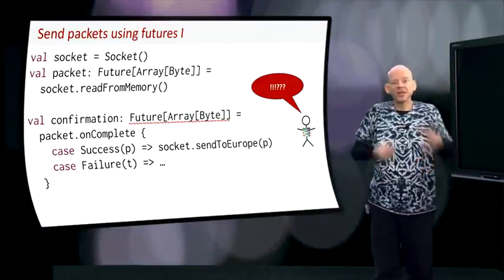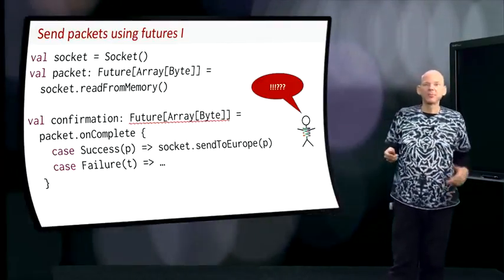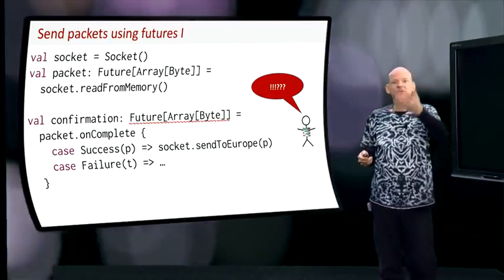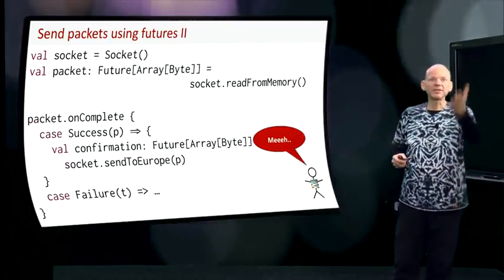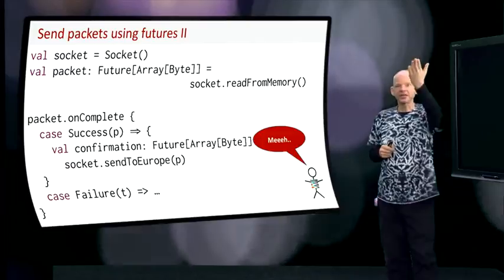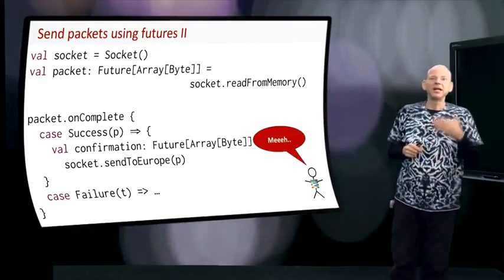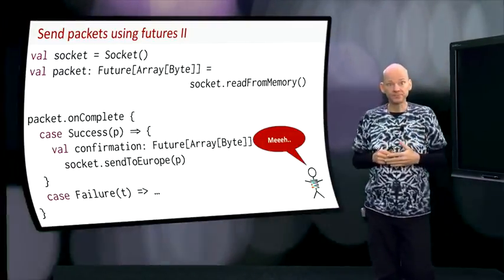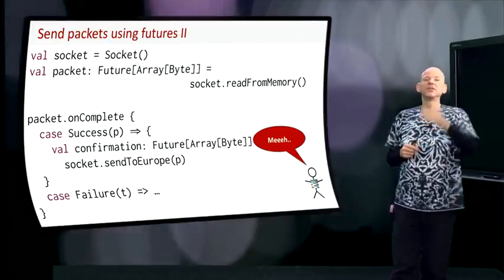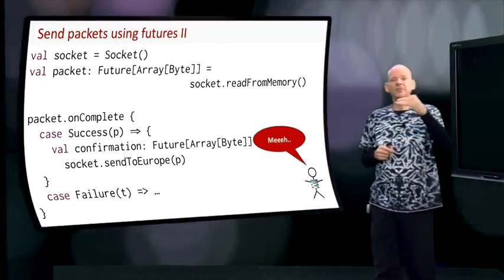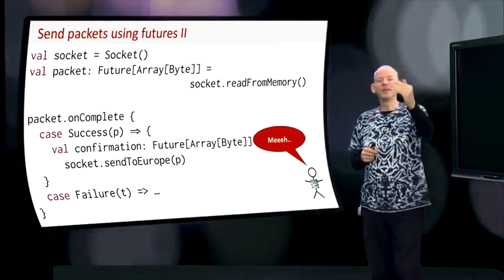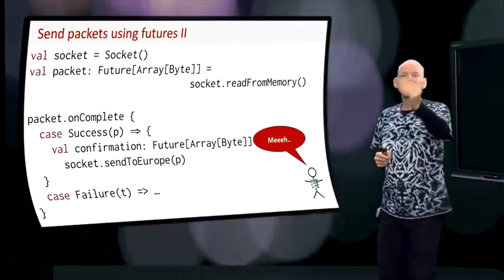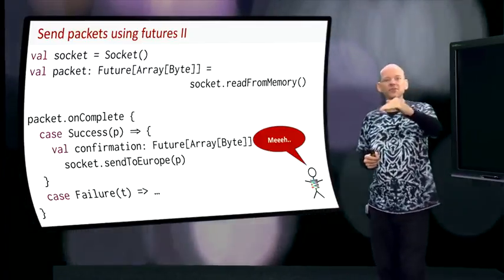But what can we do? Let's try to refactor this code a little bit such that we can return a Future of Array of Bytes. So again, we read from memory. And then we say when the packet completes, we give it a callback. We get the confirmation. But now this confirmation of the right type is nested inside this onComplete.